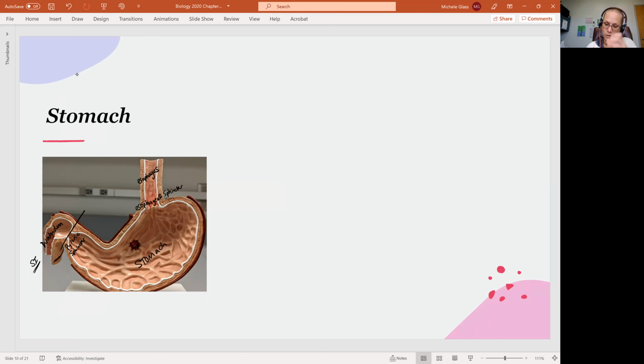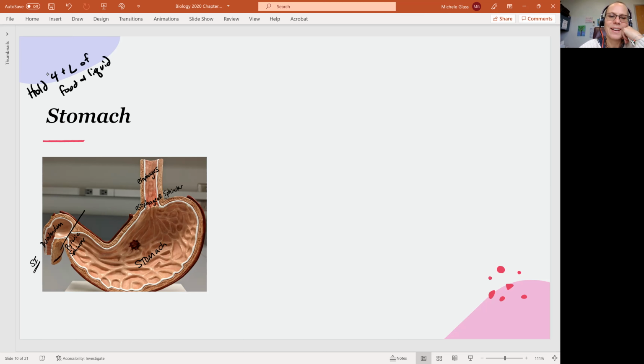The stomach can hold 4+ liters of food and liquid.